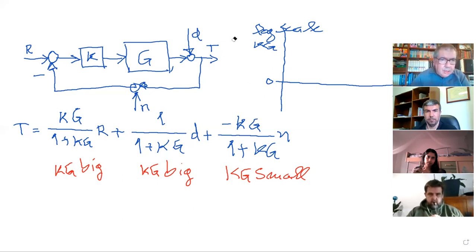And now I say, specification such that you track the reference. So kg must be big, must be above something. So I put a barrier here. It should be at least above. The higher kg, the smaller the error.